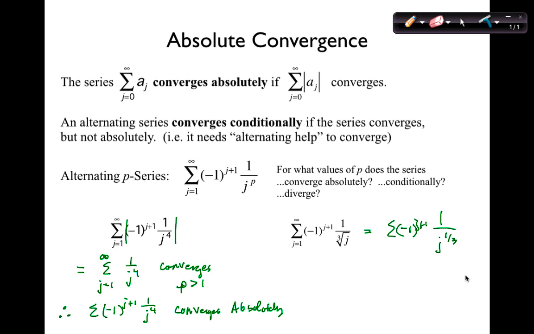Trinity, what do you think about this one? Diverges? How come? So p is not greater than 1, so this diverges. Kenny agrees. Steve agrees. Ramiro agrees. Everyone agree? Daniel doesn't agree.